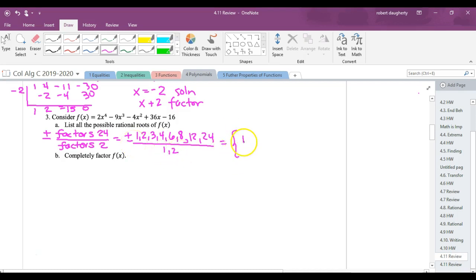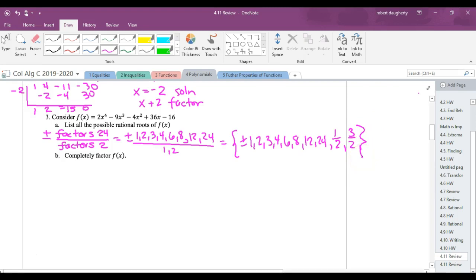So this list is plus or minus 1, 2, 3, 4, 6, 8, 12, 24, and then everything in that list divided by 2. So 1/2, 2 halves is 1, 3 halves, 4 halves is 2, 6 halves is 3, 8 halves is 4, 12 halves is 6, and 24 halves is 12. So that's my complete list.